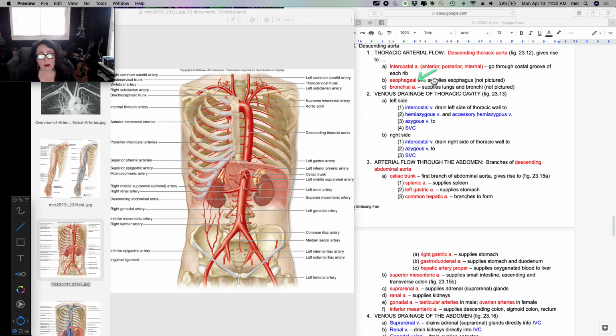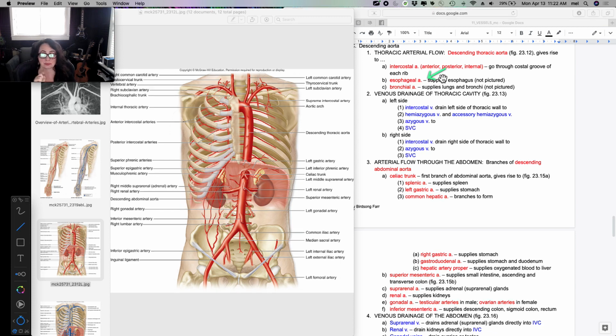And then two that aren't shown, but I just kind of want you to understand conceptually that these things run through the thorax and they would need systemic arterial blood. So not shown in the picture, so don't worry about having to identify it from the picture, is a branch off of the descending thoracic aorta called the esophageal artery. And it supplies the esophagus, and hopefully that makes sense that you would actually need systemic arterial flow to the esophagus.